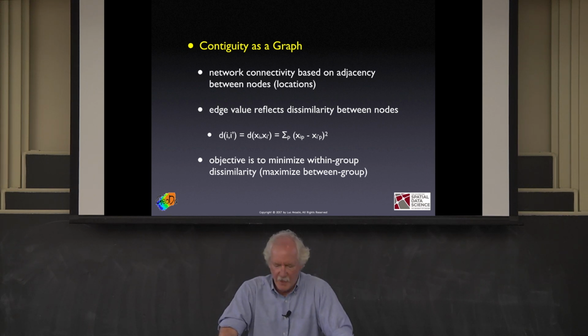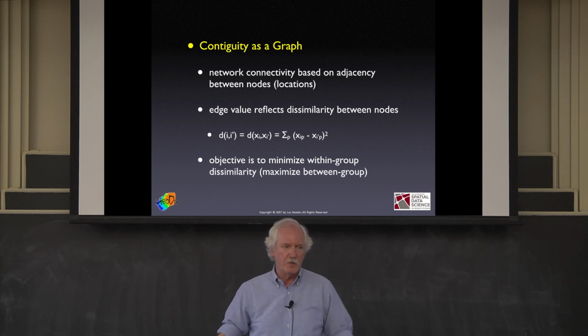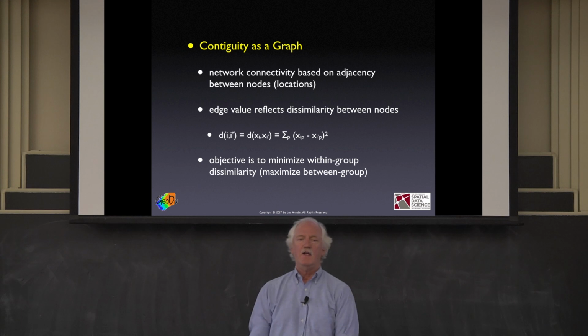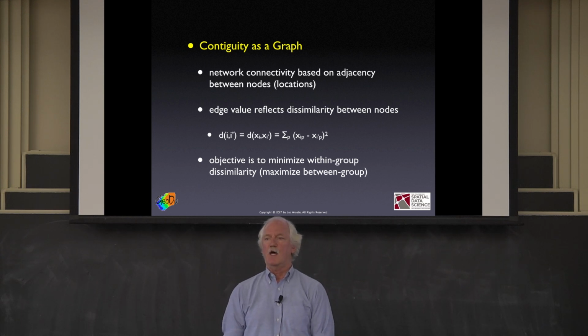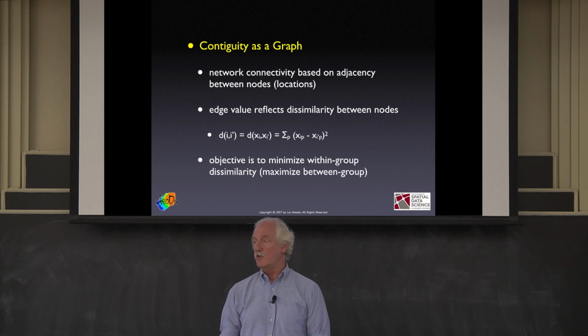It could be based on absolute differences as well. And as usual, the objective is to minimize within group dissimilarity, maximize between group similarity. These are the four things that I mentioned before. So it's always the same thing. Find a measure of dissimilarity.